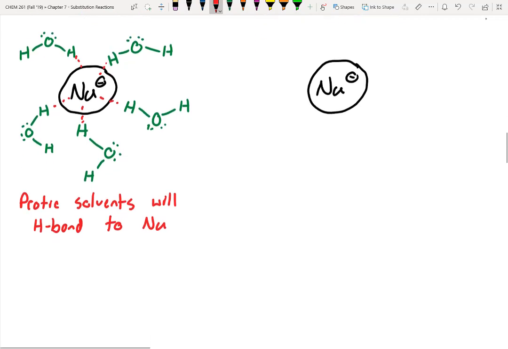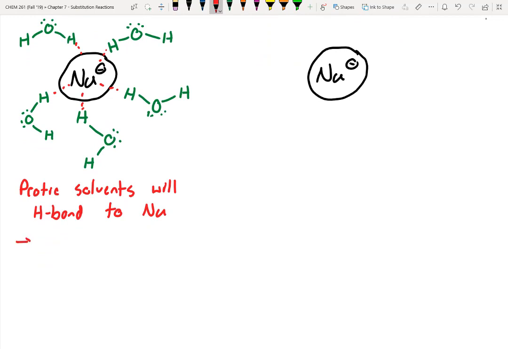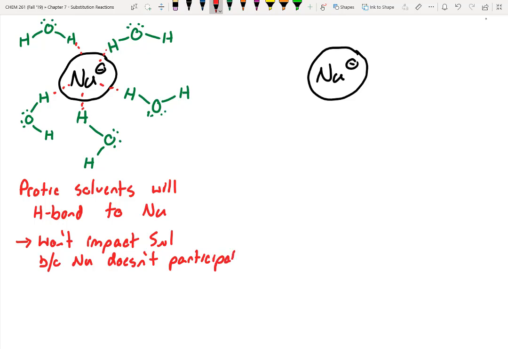No. Okay, so let's make a note. This won't impact SN1 because the nucleophile doesn't participate in the rate limiting step.